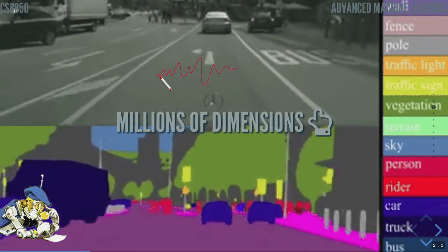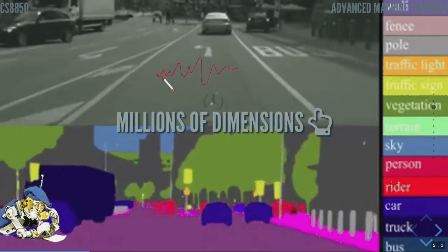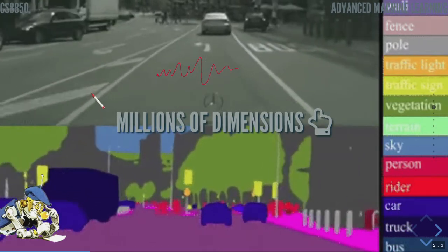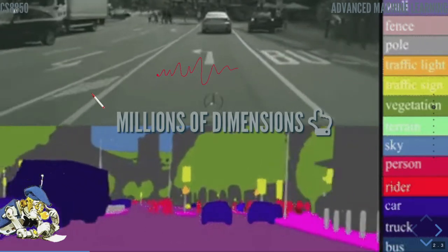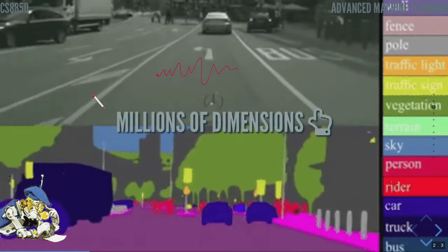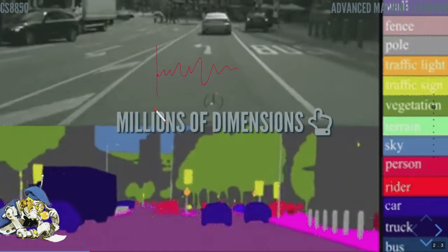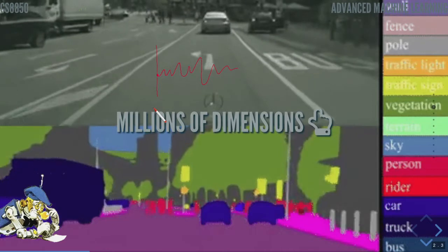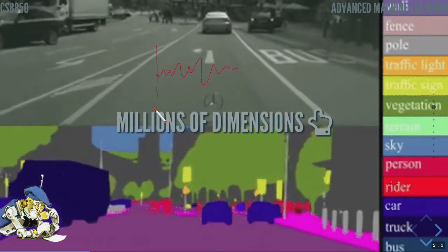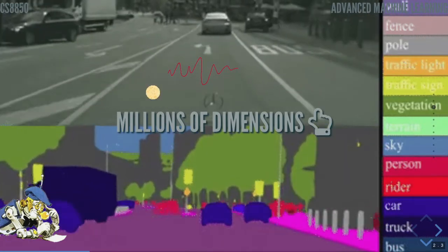So each pixel here can be considered as a dimension, and all possible values of that pixel are sort of the domain where our measurement sample could live. If we took all of them, it's a highly multidimensional space.